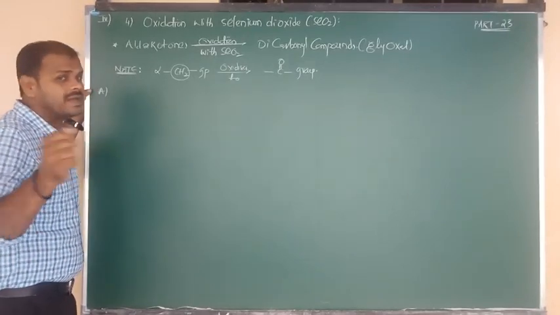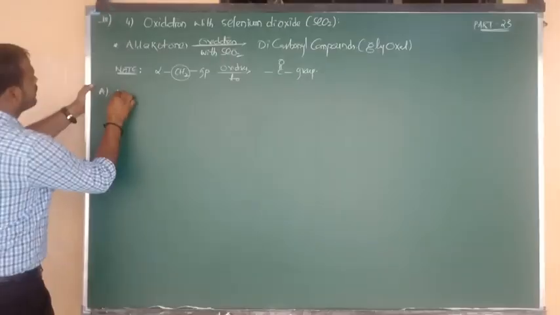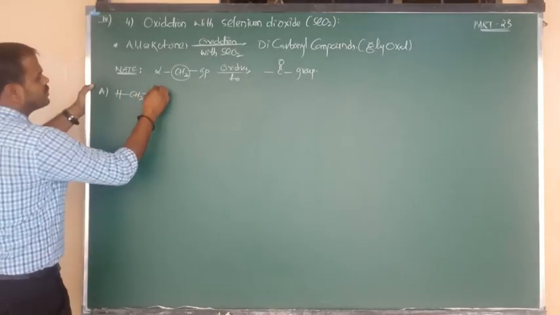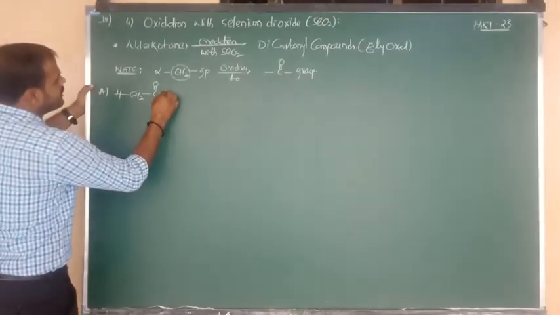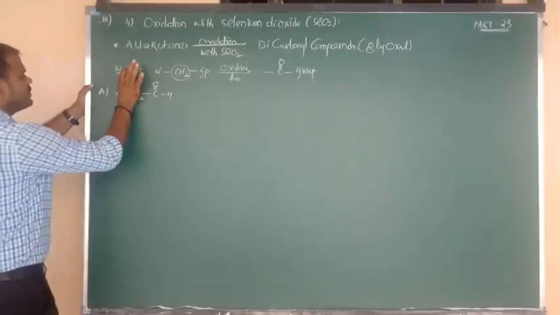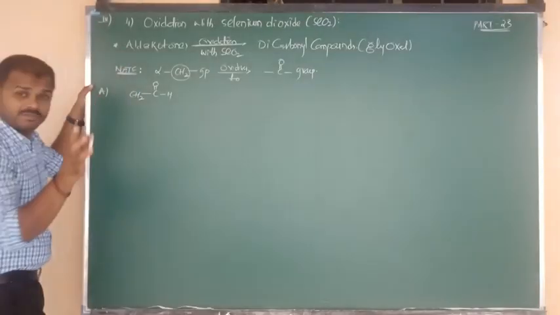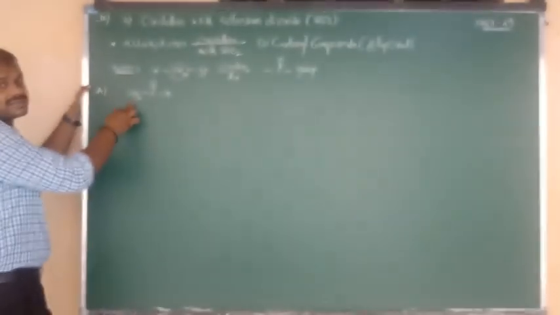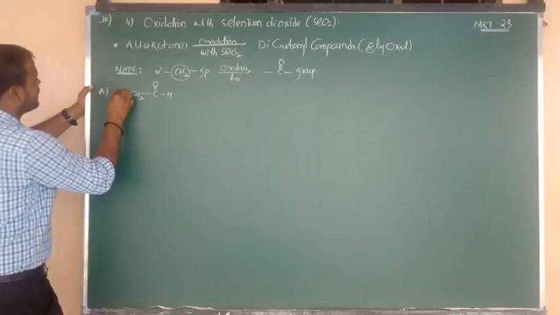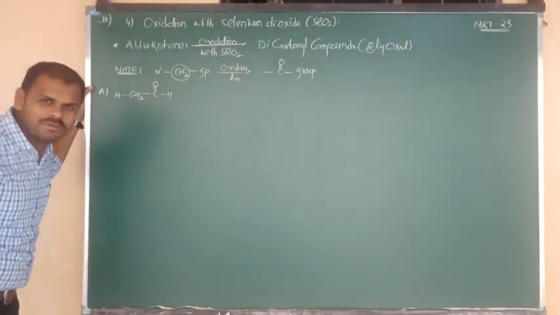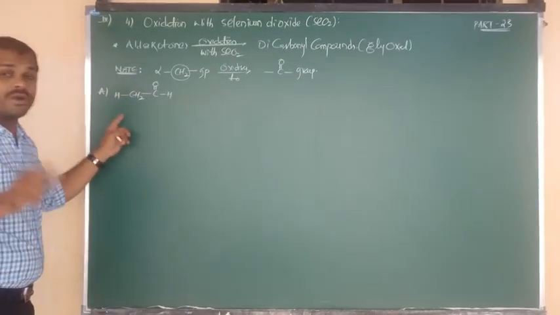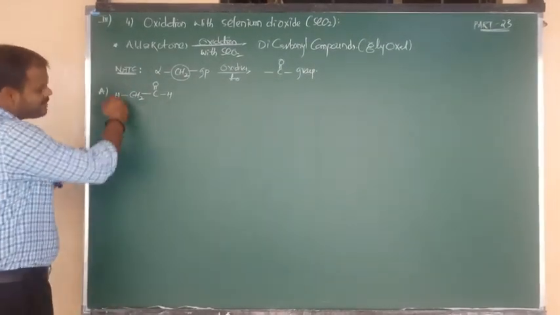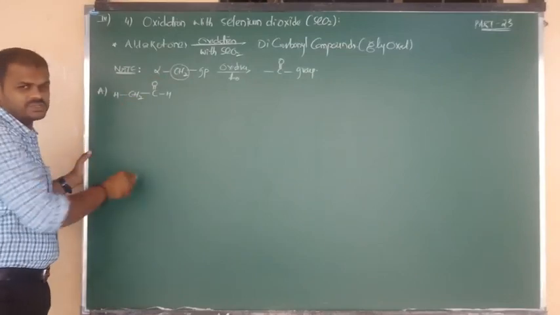For convenience I write H bonded to CH2, CH2 bonded to C double bond O, C double bond O bonded to H. We do not need the entire CH3, we want the alpha CH2 group, so I have converted CH3 into CH2 form.